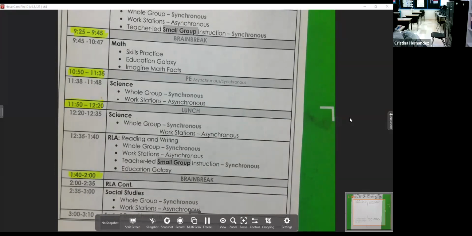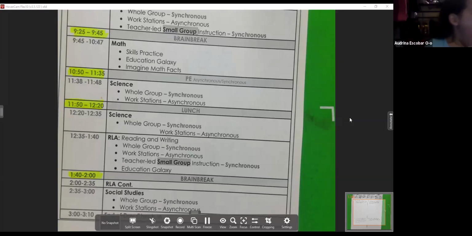I'll show it in a second. Concepts 2A. Yellow.